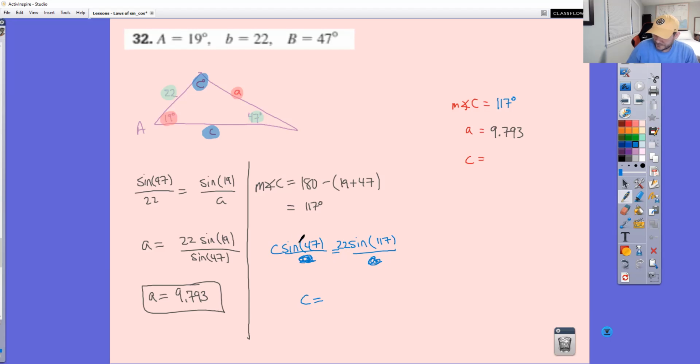And then we see that to solve for C, we divide by sine 47. Don't you dare show your work like this either, by the way. I'll be enraged. That is not how you show work. But I don't care anymore because this is the exact same as the last problem. So what are we getting? 22 sine 117 divided by sine 47. 26.803.